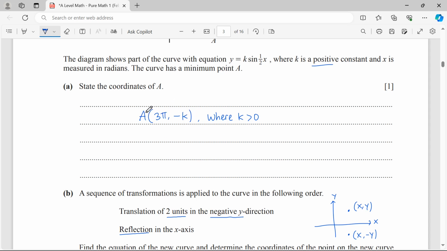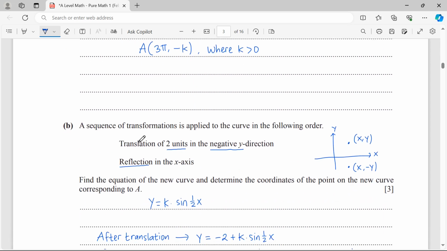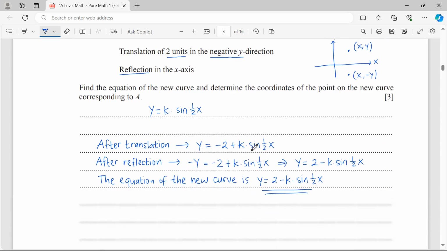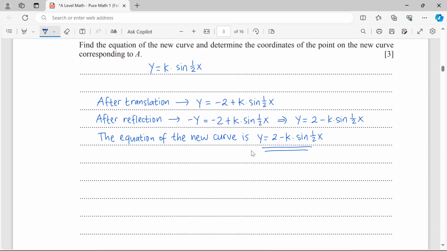So we need to do the following transformations on point A. First of all, after translation of 2 units in the negative y direction, let me write here, originally we have 3 pi, -k, and then after translation, it will be 3 pi. You just need to subtract the y value by 2, so -k minus 2.